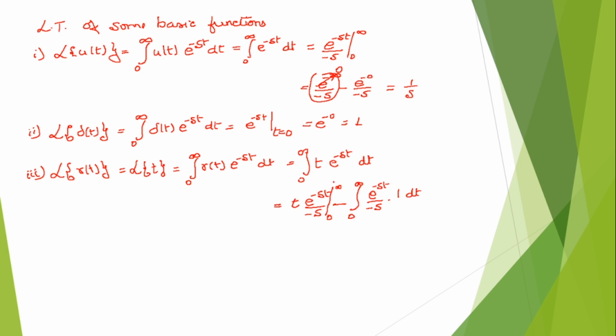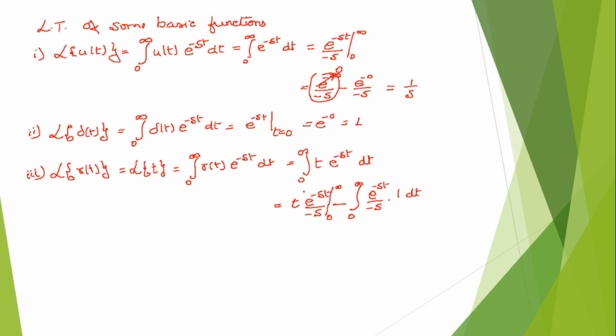Based on the product rule, integration of uv is equal to u integration of v minus integration of du integration of v. So based on that, t e to the power minus st by s, 0 to infinity, minus integration 0 to infinity, integration of e to the power minus st is e to the power minus st by s, differentiation of t is 1, dt.